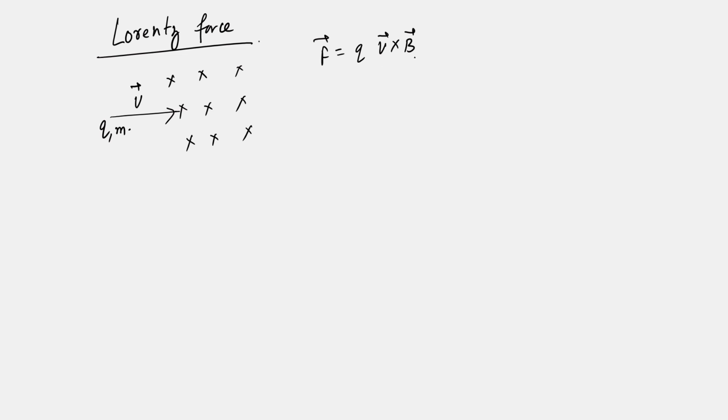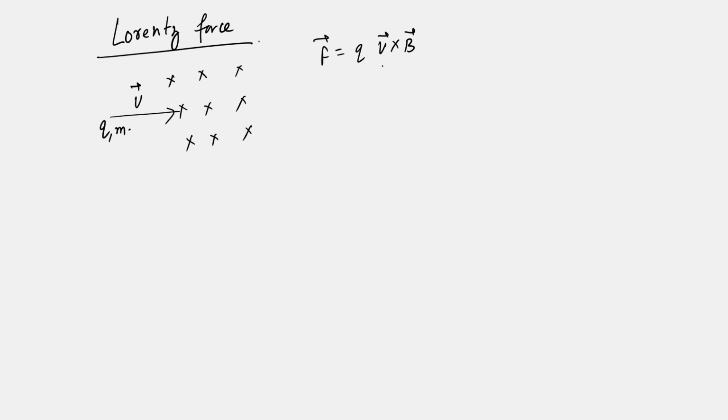So, v cross B is a vector that is perpendicular to both v and B. If you place your hand along the first vector, that is v, and curl it towards the second vector, the thumb will point in the direction of the force acting on the charged particle. This gives a circular trajectory, which is maintained because of this magnetic field.